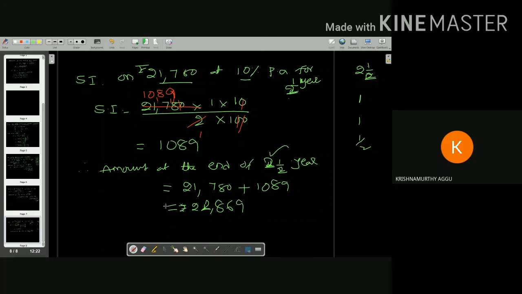Here in this also we have to find out the compound interest. Interest is required. So this is the required amount. Now I need to find out the interest. Compound interest is equal to, interest is nothing but amount minus principal.